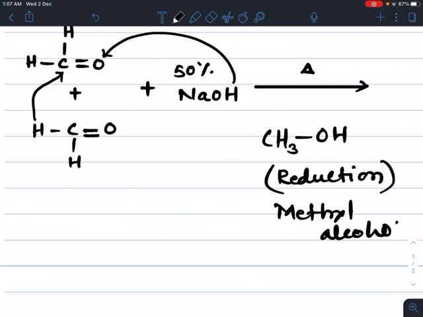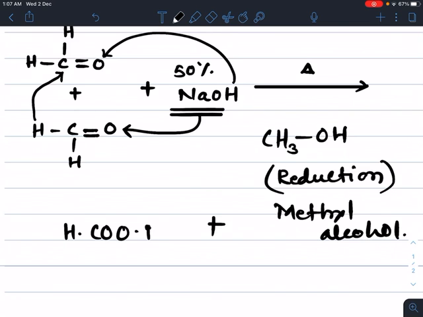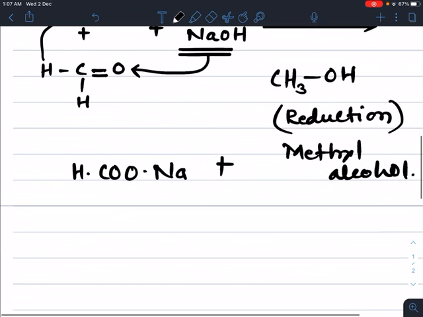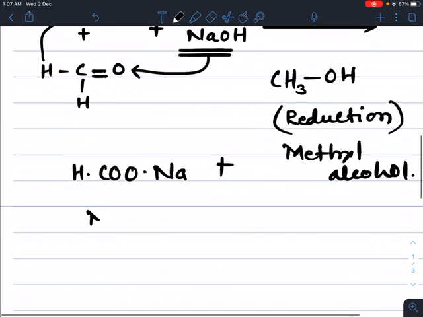And the other formaldehyde undergoes oxidation, meaning NaO is added to the remaining part of this formaldehyde. So we get HCOONa. The oxidized product is the sodium salt of a carboxylic acid, and the name of this compound is sodium formate.